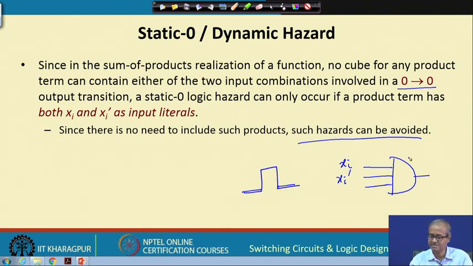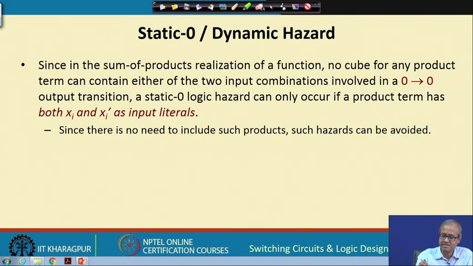Only in such cases can this kind of hazard be there. The only situation is both x i and x i bar being the input literals of one of the cubes, but normally we do not do that, there is no reason to do that, that is why such hazards can be avoided.